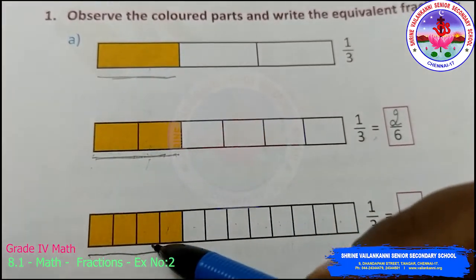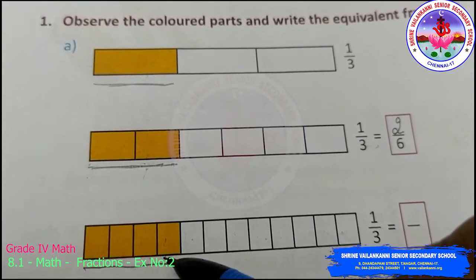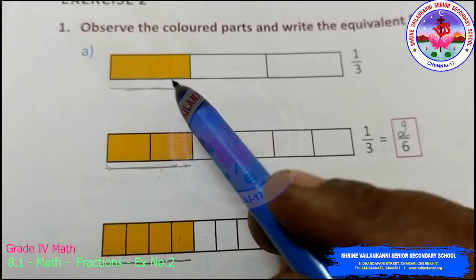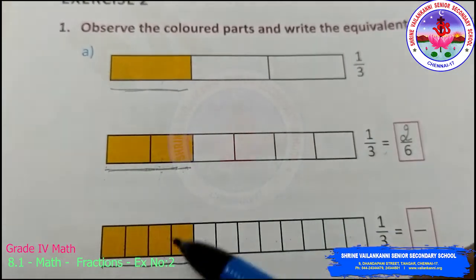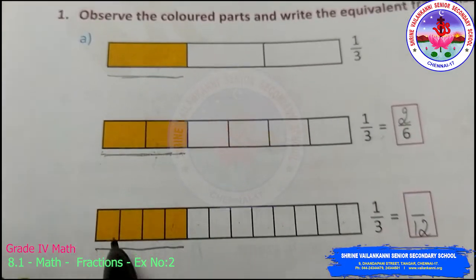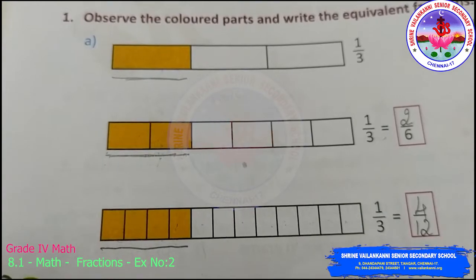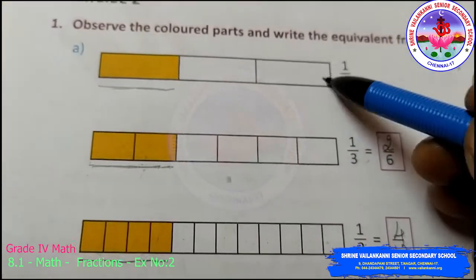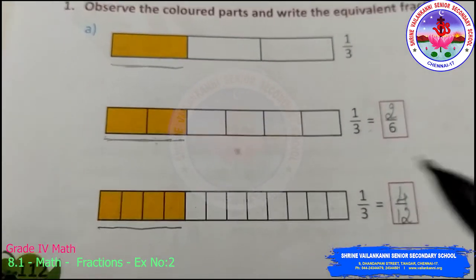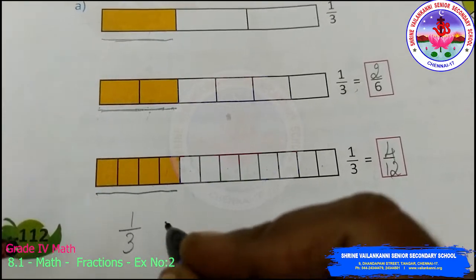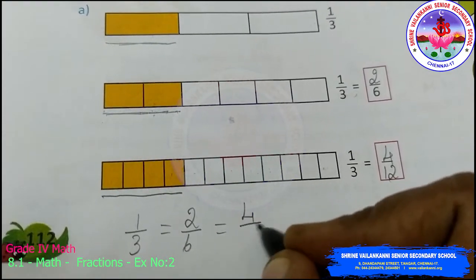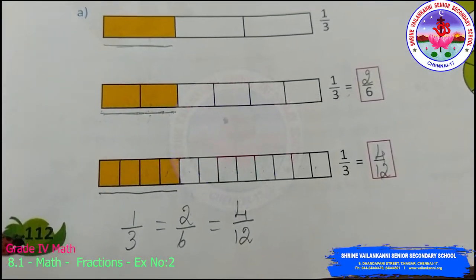All the colored parts are equal, but it is divided into different parts. So here the denominator is 12 and the colored part is 4. So this 1/3 is also equal to 4/12, which means 1/3 is equal to 2/6 and it is also equal to 4/12. Okay, we'll see one more sum.